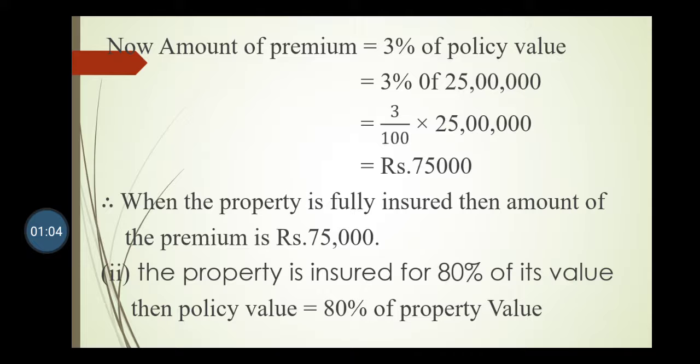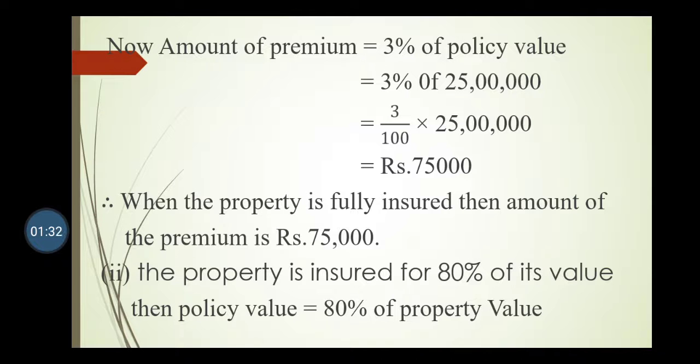Now amount of premium equals 3% of policy value. 3% of policy value means 3% of 25 lakh. When we solve this 3% of 25 lakh, we will get rupees 75,000. When the property is fully insured, then the amount of the premium is rupees 75,000.